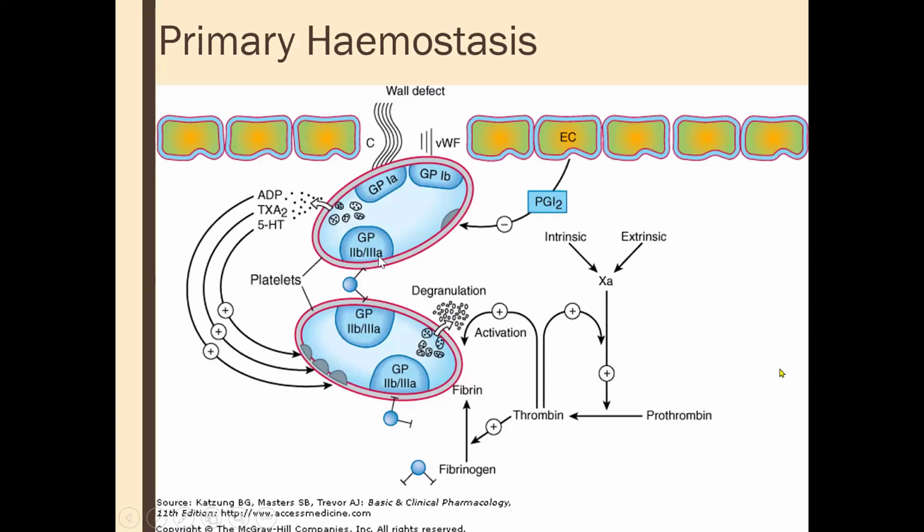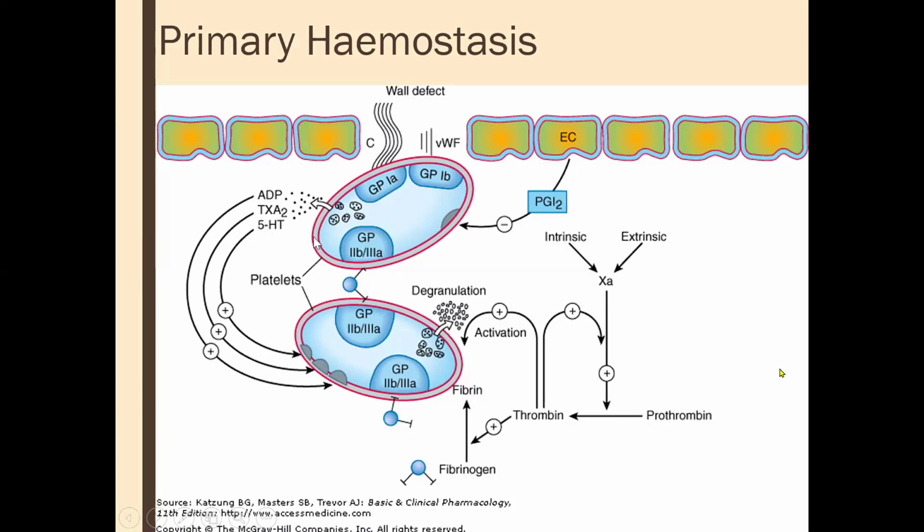Those shape changes, or activation, involve receptors through which the platelet binds to collagen and vWF. Activation leads to the release of vesicles, or granules, and those released molecules are called aggregatory molecules, which include ADP, thromboxane A2 and serotonin.